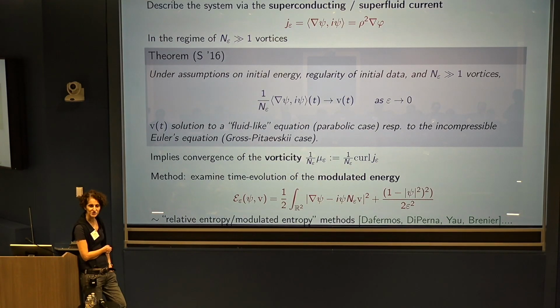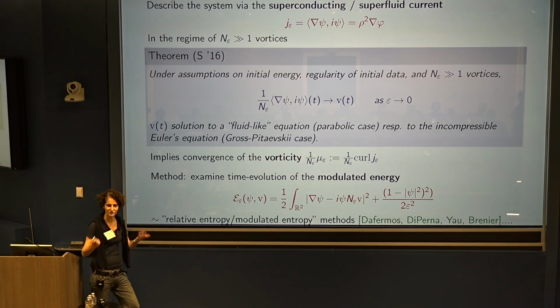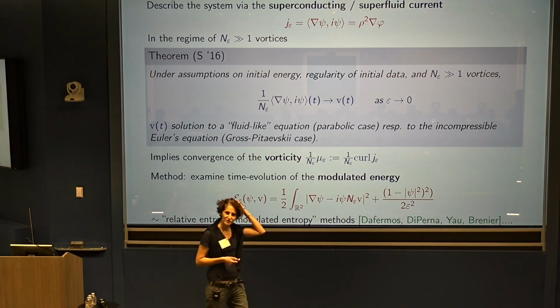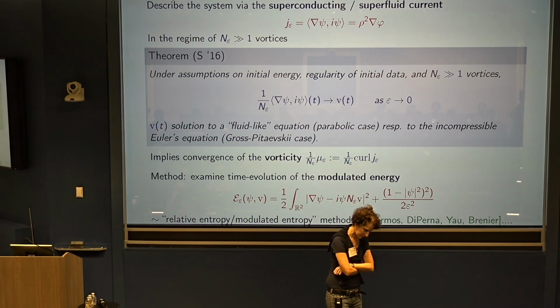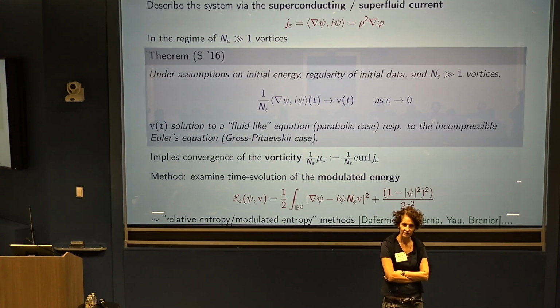In a regime of large number of vortices, but which, by the way, I think physicists knew all along, right? They tell you, yeah, take the Madelung transform, you get the Euler equation. So the incompressible Euler equation is like a scalar equation. This is what you are saying. Now, the incompressible Euler equation is not a scalar equation. It's on a velocity field, no? You have a velocity field. It's a vector.